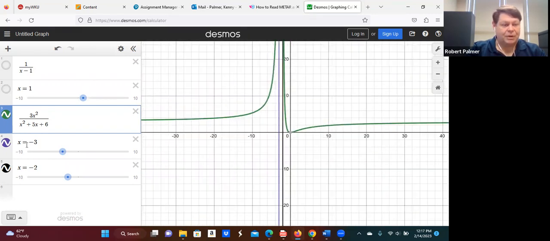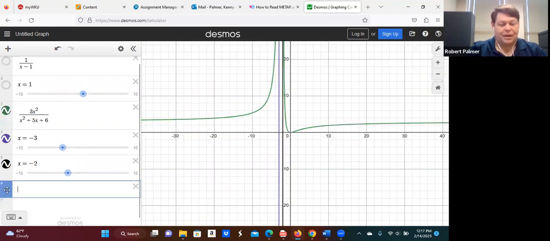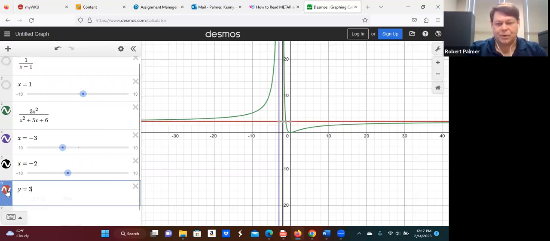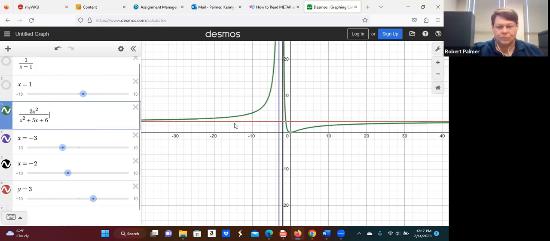Those haven't changed. But now let's also put in a horizontal asymptote of y equals 3. As we can see on the graph, once again, you can cross a horizontal asymptote. In this case, this one does right here, the green line.